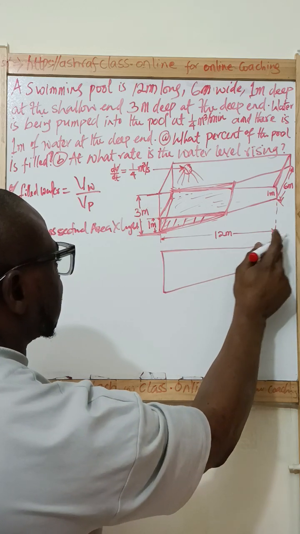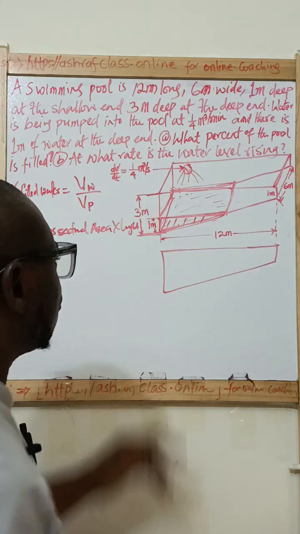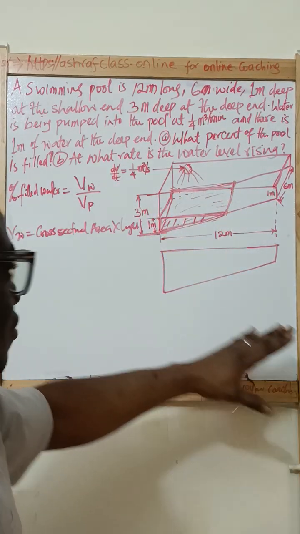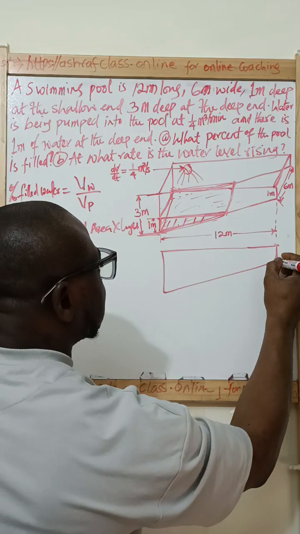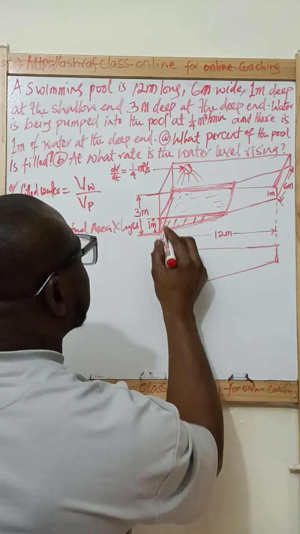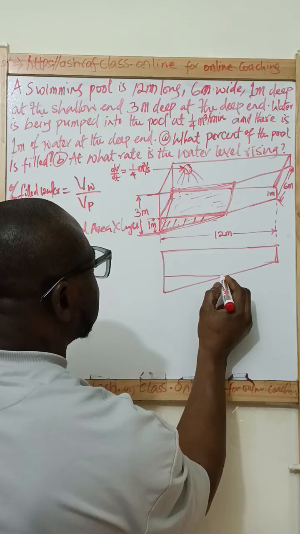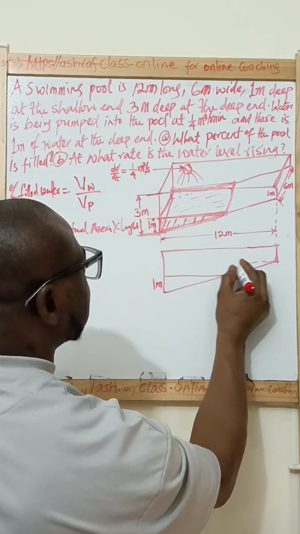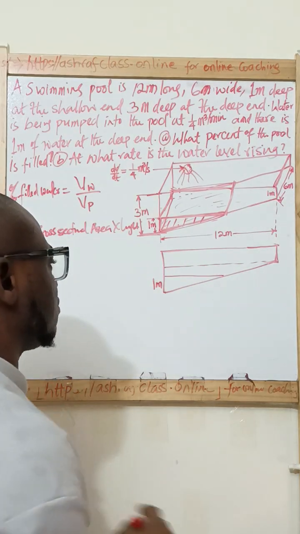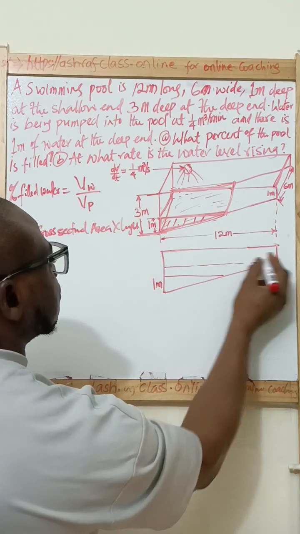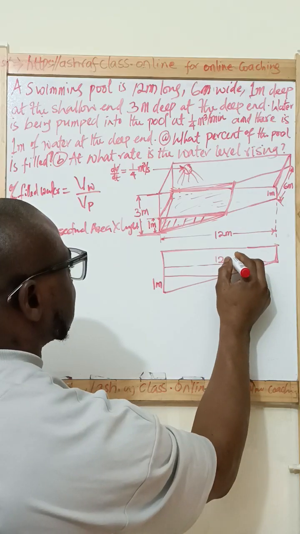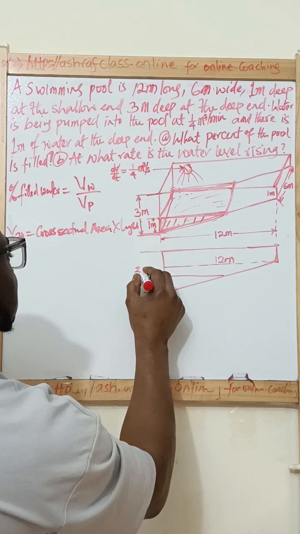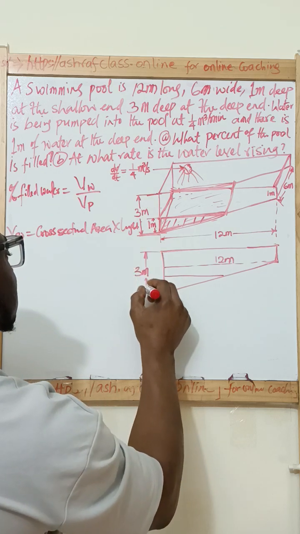The side of the pool is a trapezium, and this side is 1 meter. If we trace these points, you know this is 12 meter, and from here to here is 3 meter, based on the question.